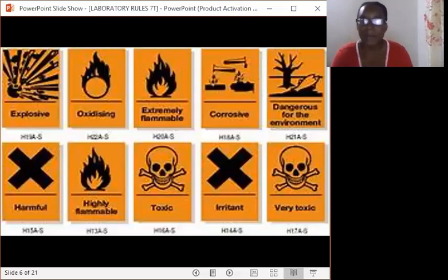We also have an extremely flammable chemical, which is self-explanatory.